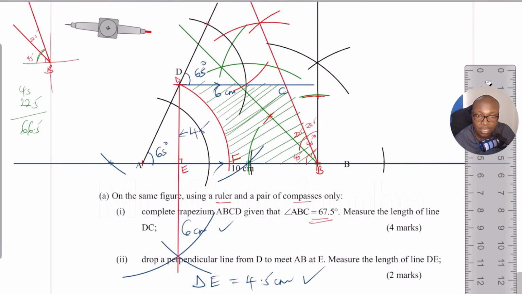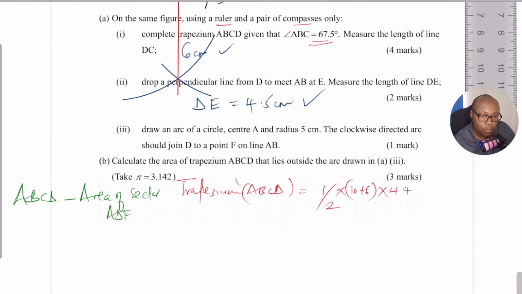The height is DE, and we got DE to be 4.5. So this will be a half times 16 times 4.5, which is 36 centimeters squared.